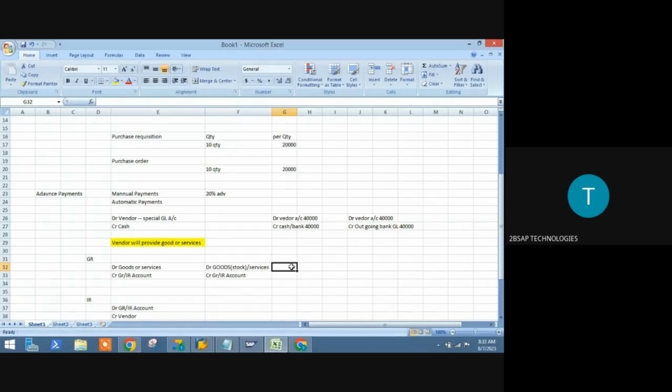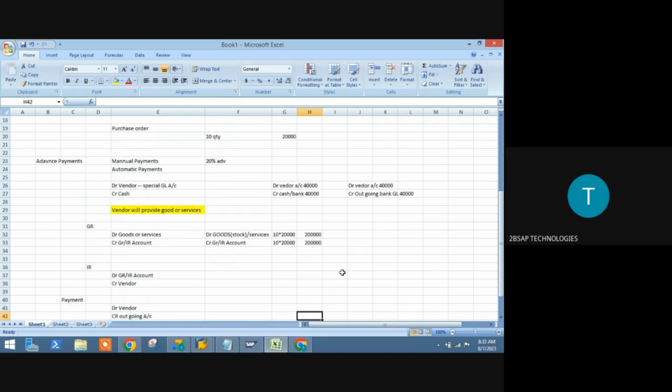What is the value, sir? Based on your purchase, it will take 10 into 20,000. Clear, sir? I'm not doubting. Now you are receiving an invoice.